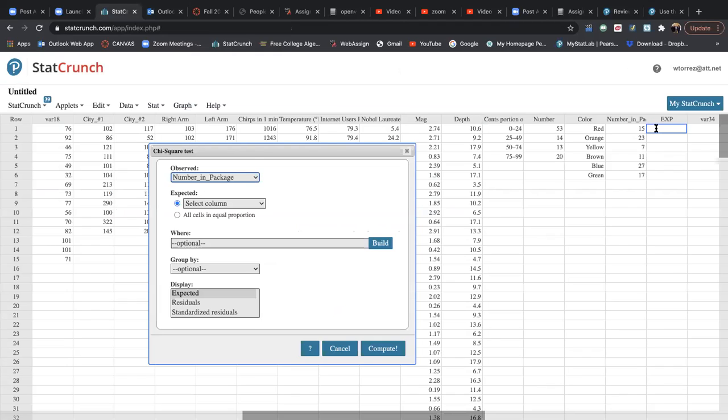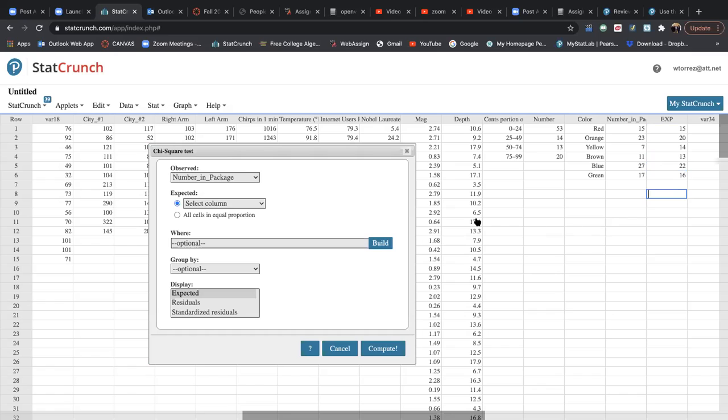So 15, $15, $20, $14, okay, $13, $22, and $16.